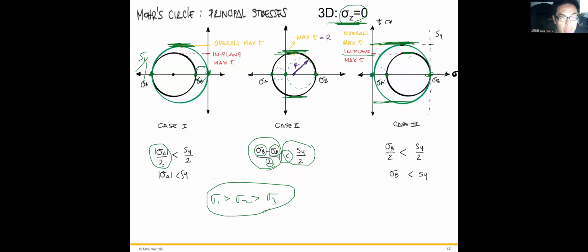However, this in-plane maximum shear stress is smaller than the overall maximum shear stress. So in this case, half of sigma B has to be smaller than half of the yielding stress. Therefore, sigma B is smaller than the yielding stress.